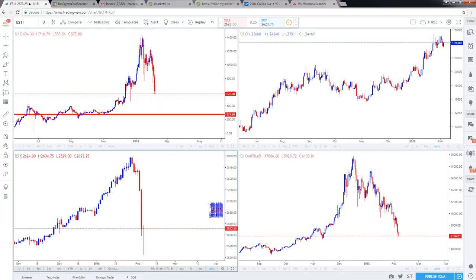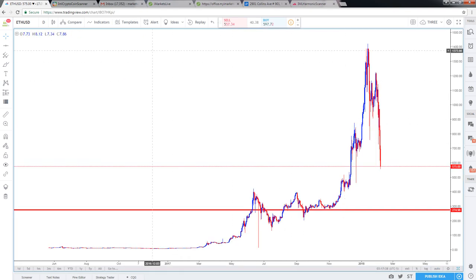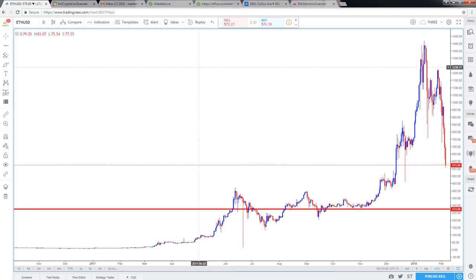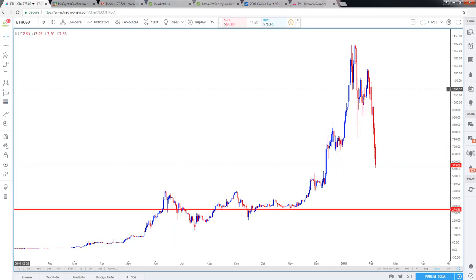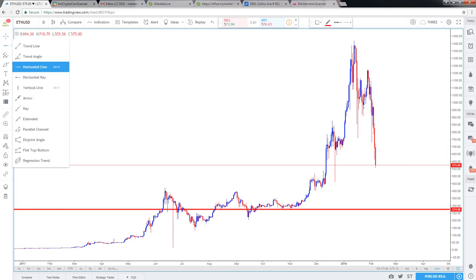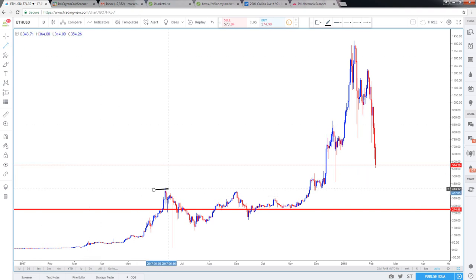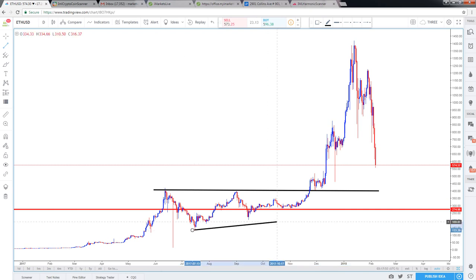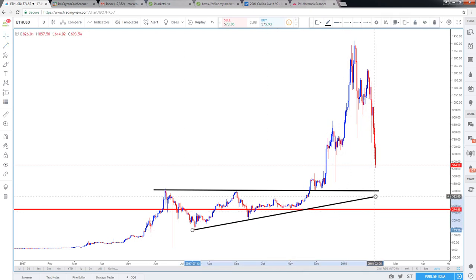I'm looking at all these other markets. You have Ethereum. Just looking at this on a technical basis, Ethereum broke out to the upside when everything went crazy.